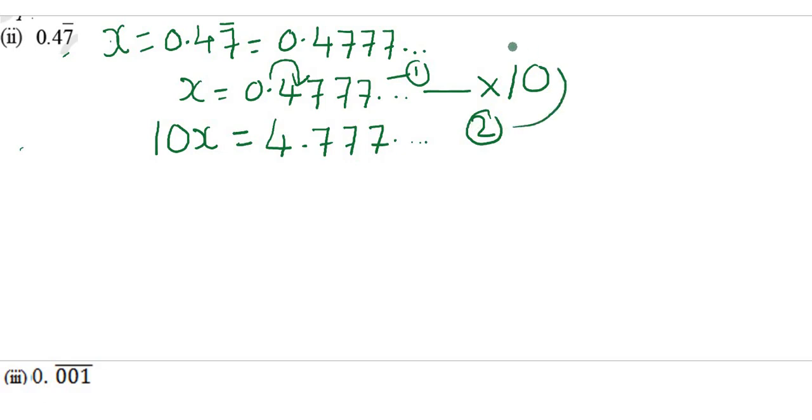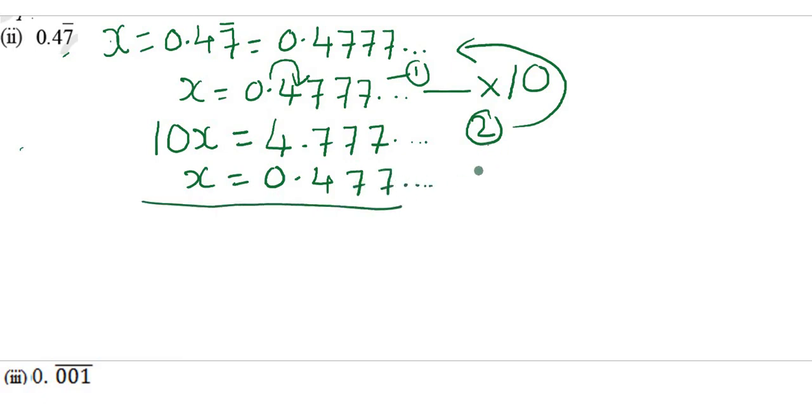In this equation we subtract equation number 1, 0.4777. So these dots are cancelled and this 7 is cancelled. So 7 minus 4 is 3 and 4 minus 0 is 4. This dot stays as it is.